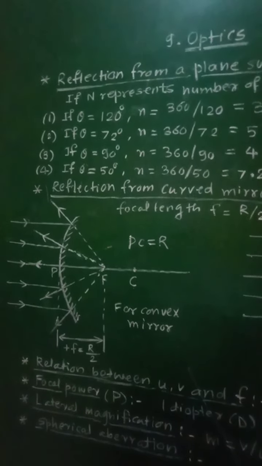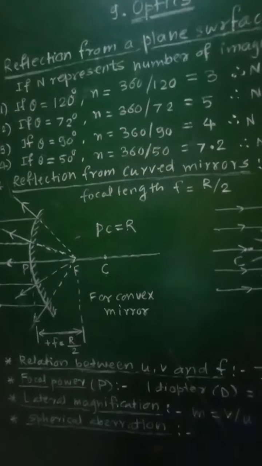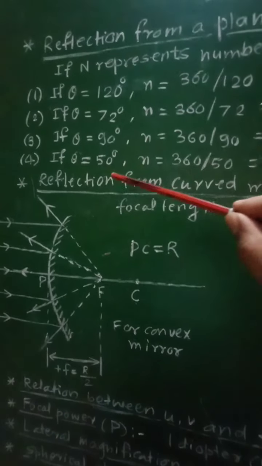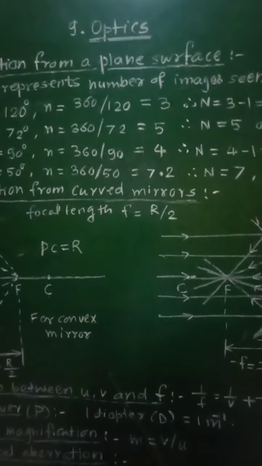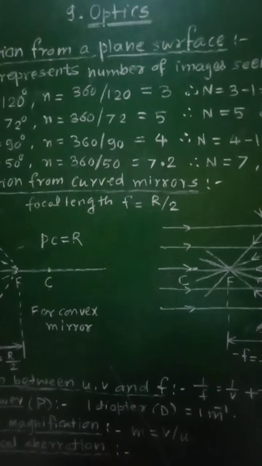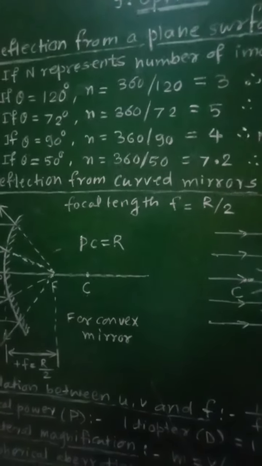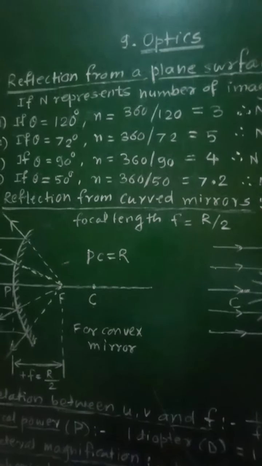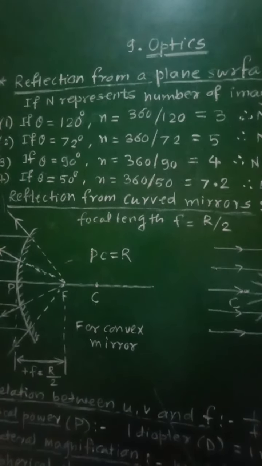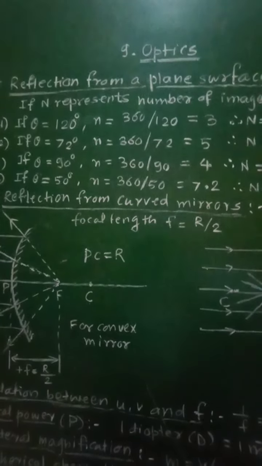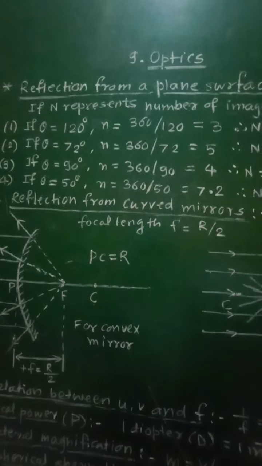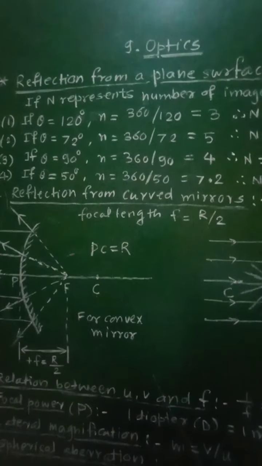And now let us go for the next point, that is reflection from curved mirrors. Instead of plane surfaces, if you consider curved mirrors, then how will that reflection take place? Now there are two types of curved mirrors, that is convex mirror and concave mirror, which are part of a sphere.